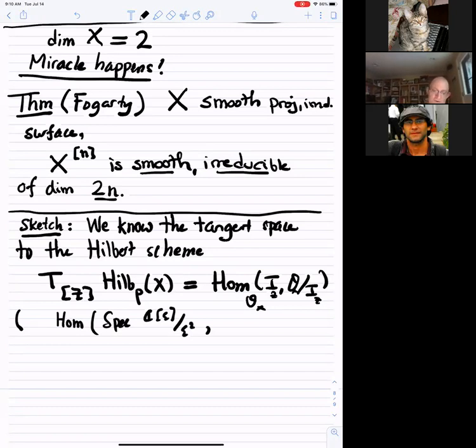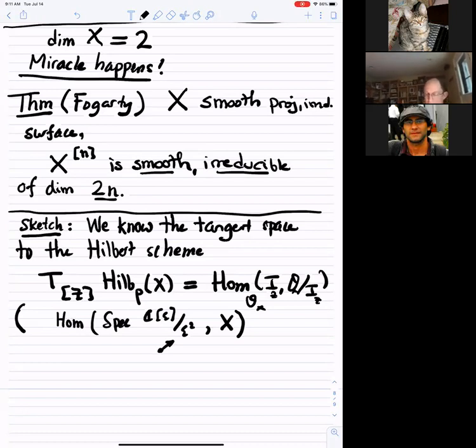So this is very general. If I had some X and I wanted to understand the Zariski tangent space at the point X, you look at spec C[epsilon]/(epsilon squared) and you look at homomorphisms from that to X. The way to think about spec C[epsilon]/(epsilon squared) is that you can think of it as a point together with a tangent vector, right?